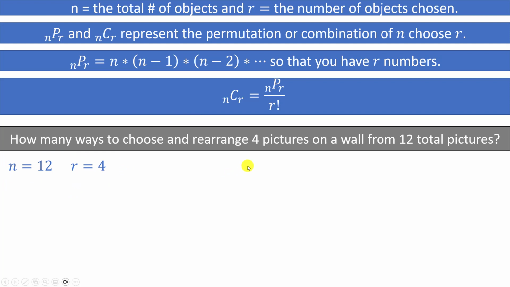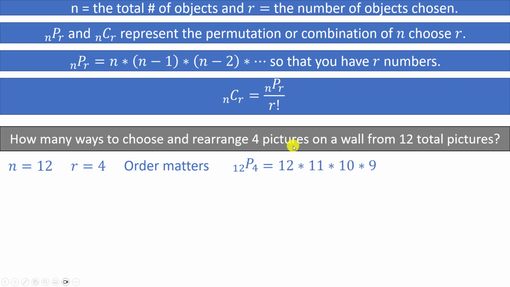Well, in this case, if we could rearrange the pictures and get a different outcome, then that is telling us that the order does matter, right? If I put picture number 1 first and picture number 2 second, or if I switch them around, I would consider that a different outcome, because now the pictures are in a different location on the wall. So that means we're going to be using a permutation, the permutation of 12 choose 4.